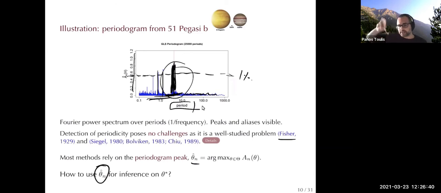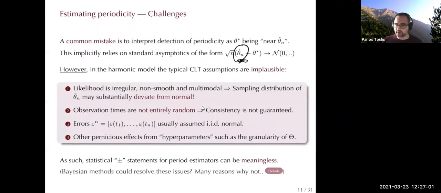The peak is invariant, so I'm going to get the same peak, and the same test decision. However, by shuffling those periodogram values, I lost all information about the period. So clearly, logically, this type of test cannot be used for inference, because by shuffling you destroy the information about the period, but the test decision remains the same.